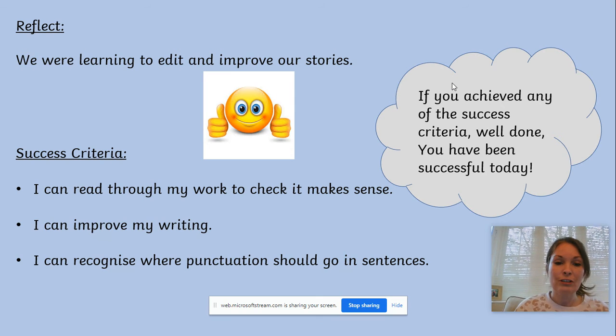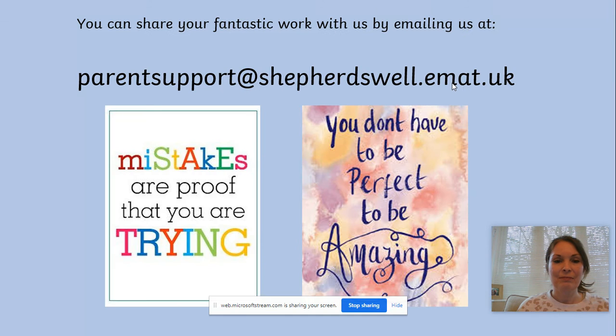If you managed to just find one extra capital letter you needed to change or a full stop, then you were successful. And to recognise where punctuation should go. I think everyone will have found something, so that means that you were being successful today. So well done, very proud of all of you children. Well done for trying your very best.